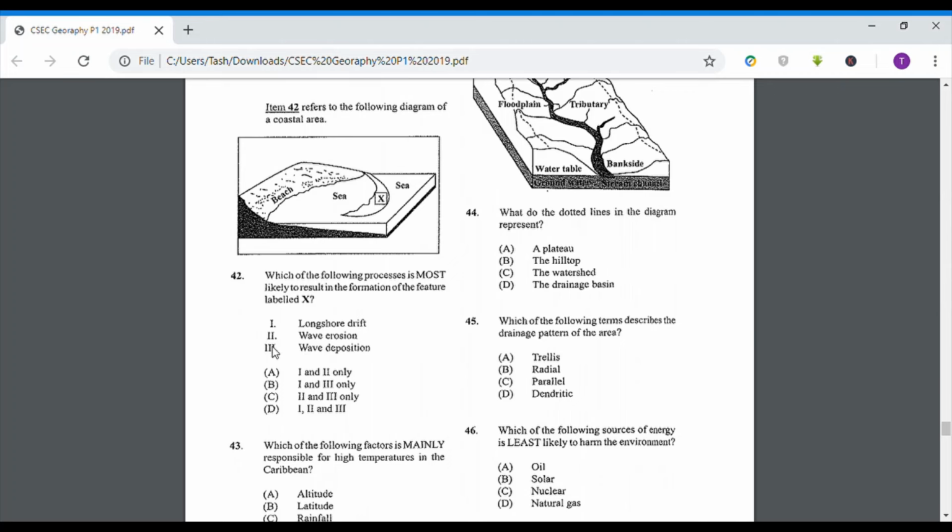Even if you're not 100% sure of these, when you look through, you will realize that 2 is in the other 3 options. Therefore, your answer has to be B, which is 1 and 3 only. So longshore drift as well as wave deposition would have created the feature X. So our answer for 42 would have been letter B.